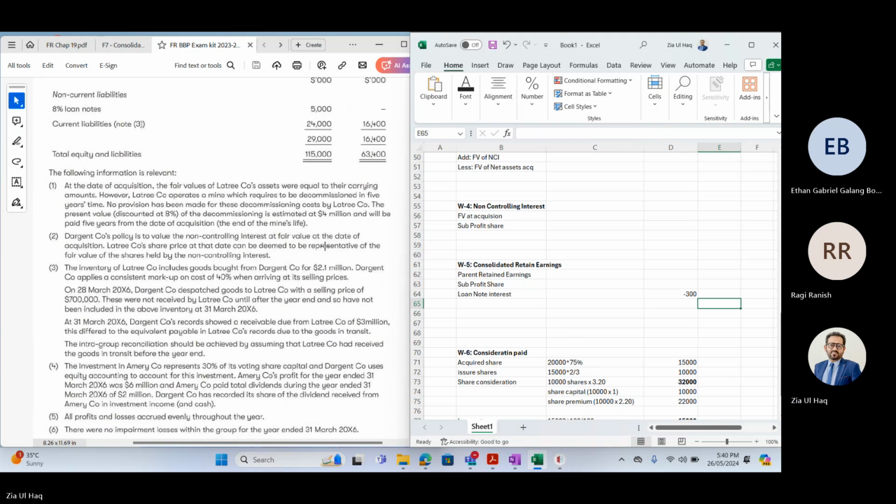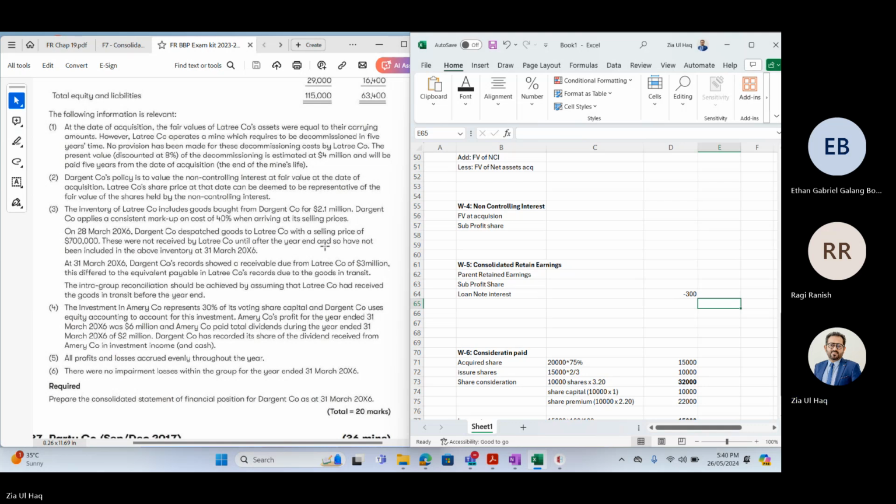Adjustment 1. At the date of acquisition, the fair value of Lateral's assets were equal to their carrying amount. However, Lateral Company operates a mine which requires to be decommissioned in 5 years' time. Okay.